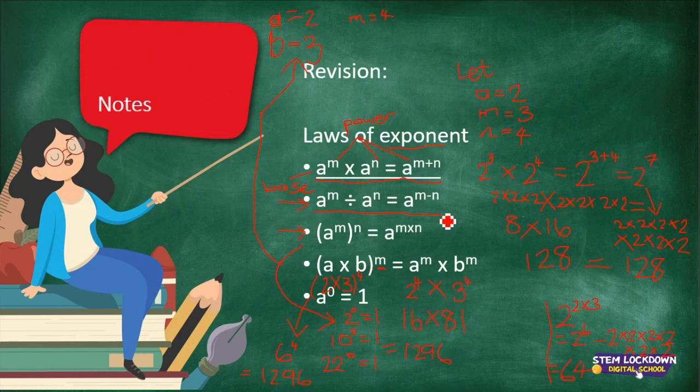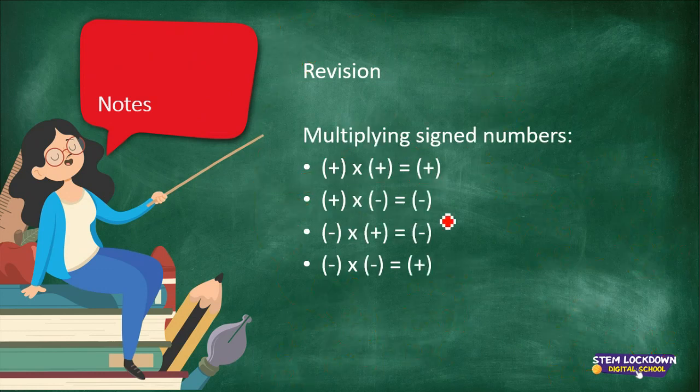Now let's revise the rules, right? If you have a positive multiplied by negative, the answer will be negative. For example, 2 times negative 2, right?